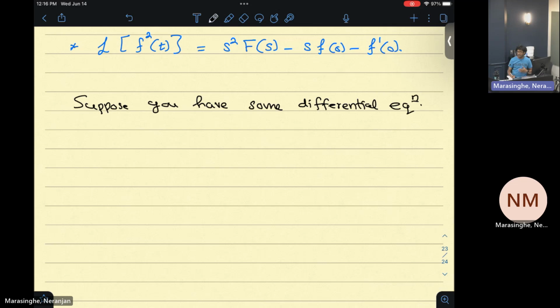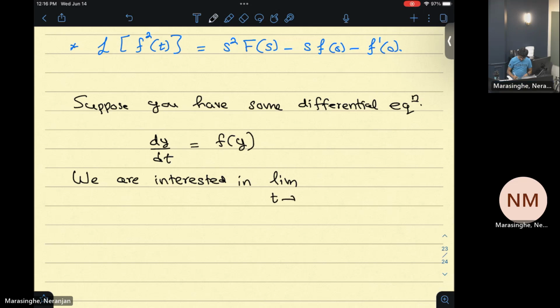Differential equation means you have some mathematical model, right? Suppose your differential equation is something like that, F of y. We are interested in the limit as t goes to infinity of y(t).